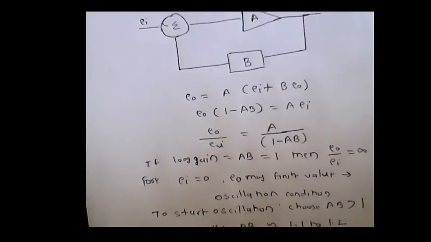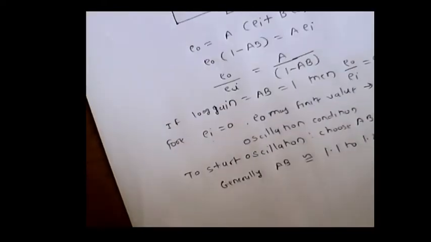So this is an amplifier with positive feedback. We can define an oscillator as a circuit which converts a DC power into an AC waveform. It starts the oscillation in this way.